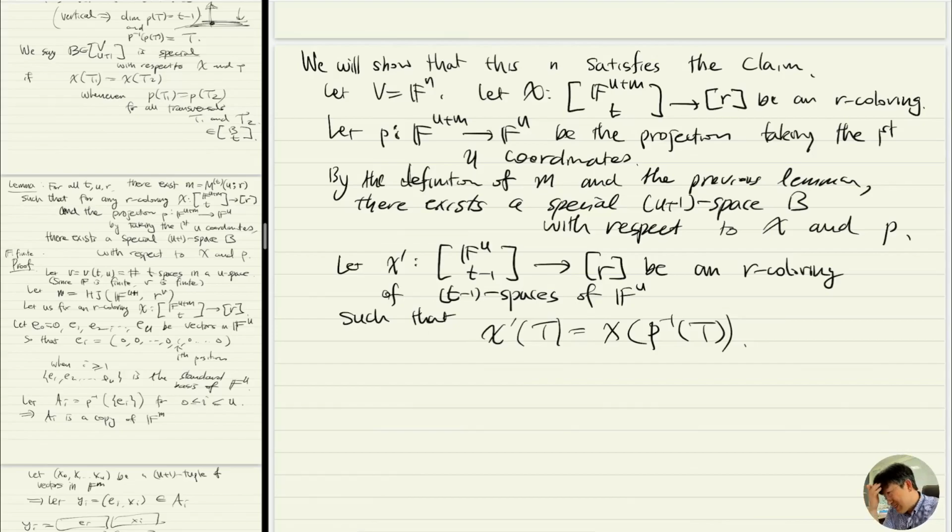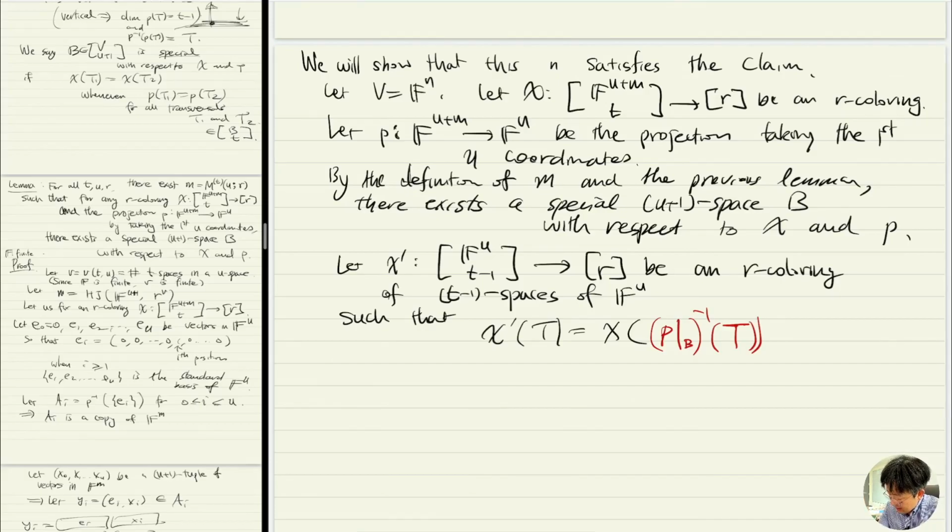P is a projection from F^(U+M) to F^U. Let me say it this way: P restricted to B, inverse of T. So we are restricting this projection function to B.